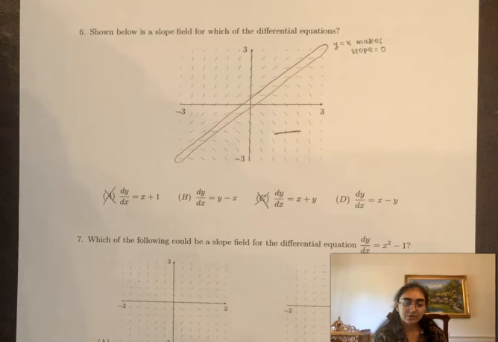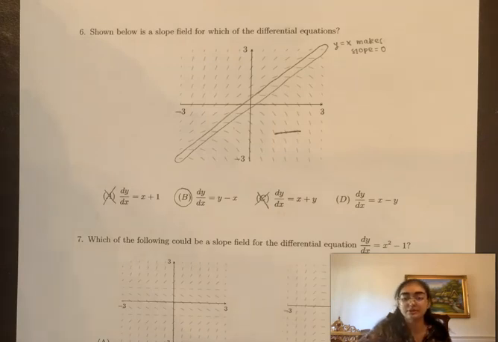So if we look at B, we would get negative 1 minus 1 is equal to negative 2. That's a negative slope. If we look at D, we're going to get 1 minus negative 1, which is a positive 2. That's a positive slope. Since we're looking for a negative slope for the fourth quadrant, we know that D cannot be our answer, and therefore we get B as our answer.